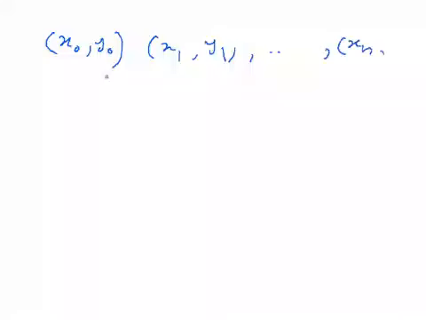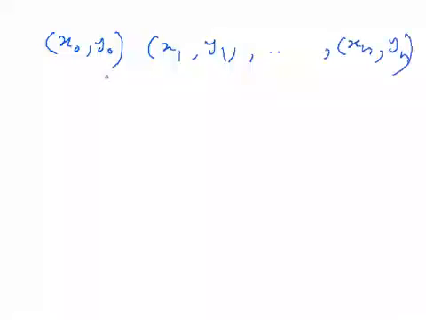All right, guys, so let's consider a data set: x0, y0, this is the corresponding y, x1, y1, up to xn, yn.